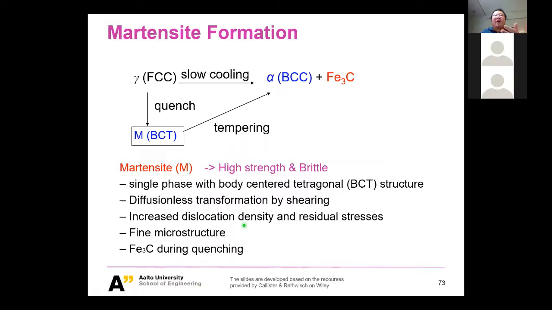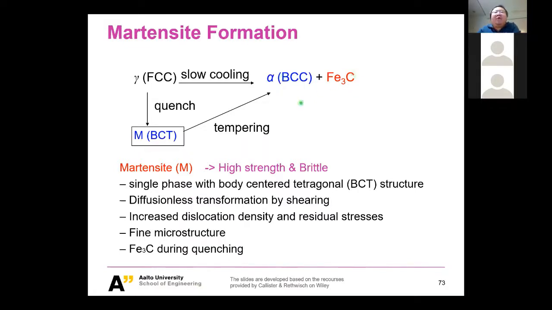Then we introduce a new term, it's called tempering. So this is another heat treatment process, and we will talk about it in the next lecture. So basically, we're converting the Martensite back to what? To the alpha BCC plus cementite, to the pearlite kind of phases, but not fully.